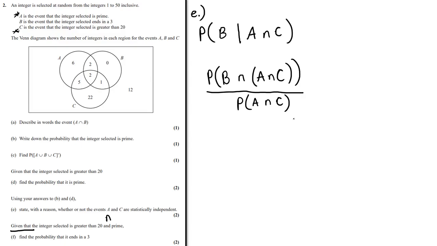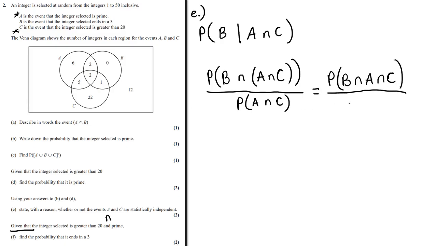So this top, or the top of the fraction here, the numerator, all I've essentially got here is the probability of B intersection and then A intersection C, which would just be the same as writing this as the probability of B intersection A intersection C. Okay, so that's my numerator.